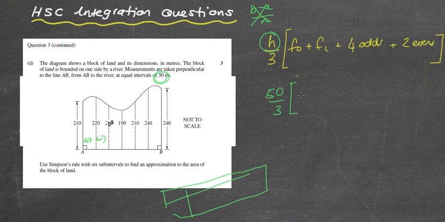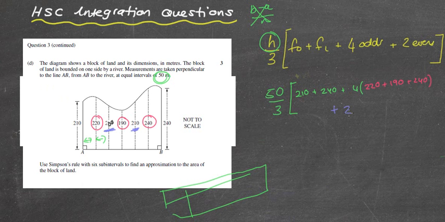So I know that my function of the first is 210, my function of the last is 240, 4 times the functions of the odds. Now my odds will come from 1, 3, and 5. So 220 plus 190 plus 240. And then my evens will come from the 200 and the 210.